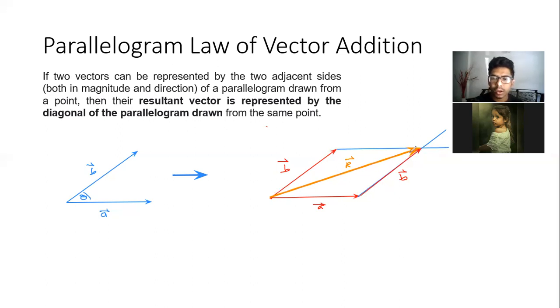So this resultant vector is the diagonal of this parallelogram. According to the parallelogram law, this diagonal is the resultant of these two vectors, and according to the triangle law, this side is the resultant. So both give the same result. Okay, quickly draw this down.